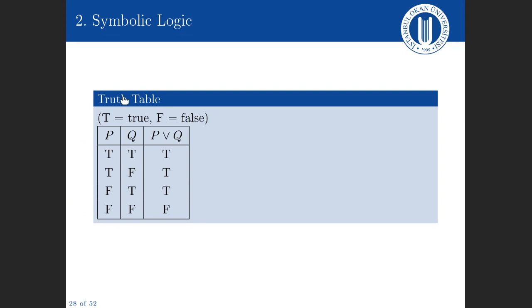And the 4 possibilities are true, true, true, false, false, true, or false, false. If P is true and Q is true, is P or Q true? This means either P is true or Q is true or both. Yes, true. Let's go down to the second line.